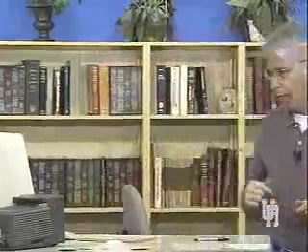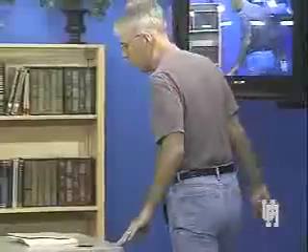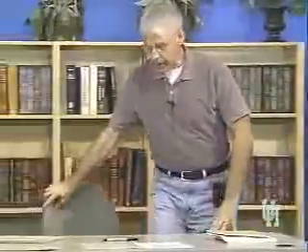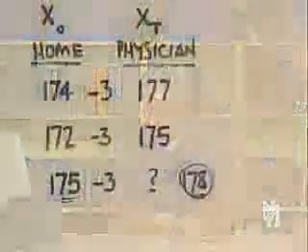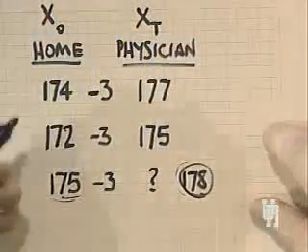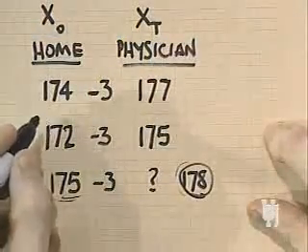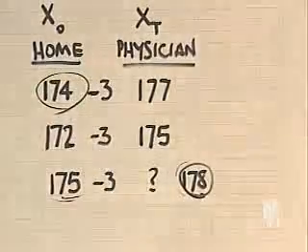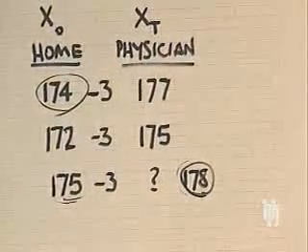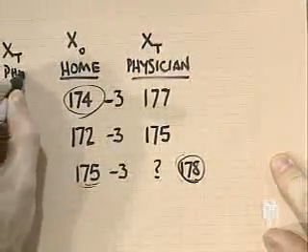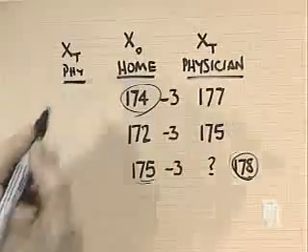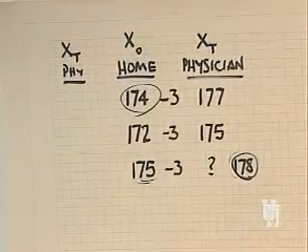Let's then talk about random error. Let's go back to our example at the physician's office. You get on your scales at home. Your scales read 174 pounds. You go to the physician's, magically beam down there.